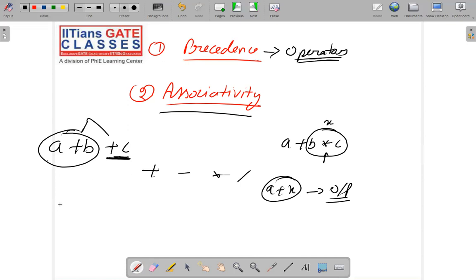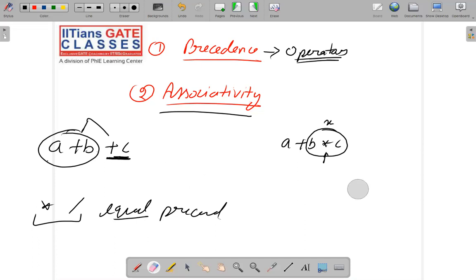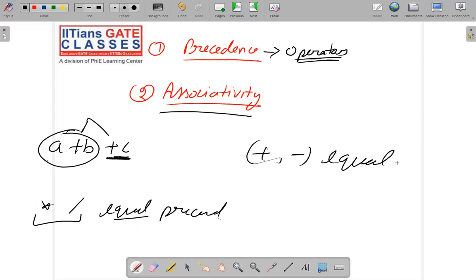Star and divide have equal precedence. Similarly, generally in mathematics, plus and minus also have equal precedence.